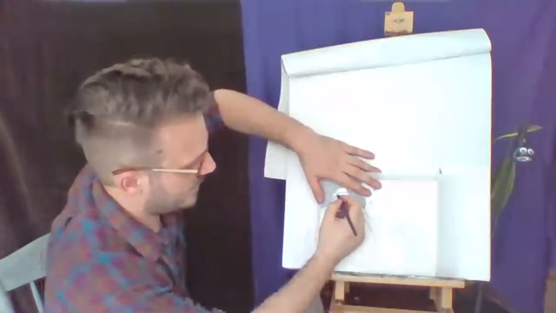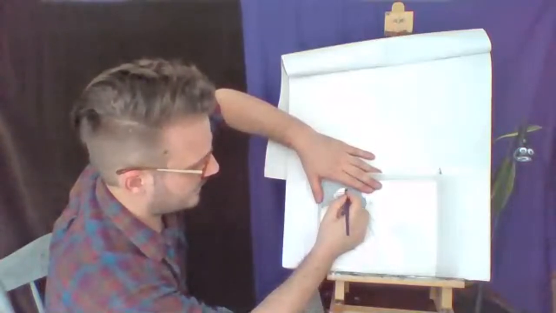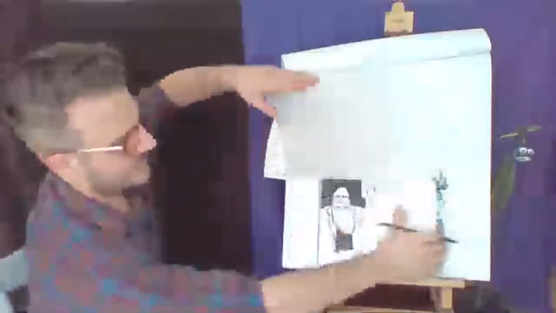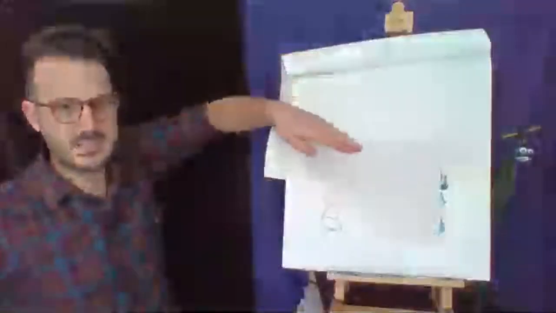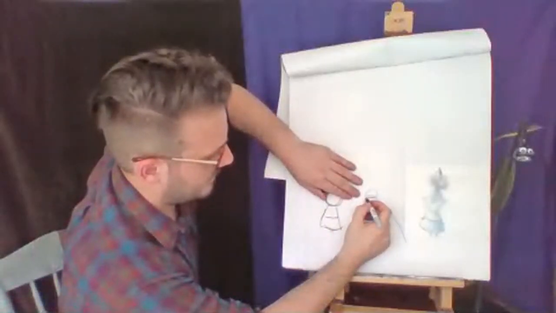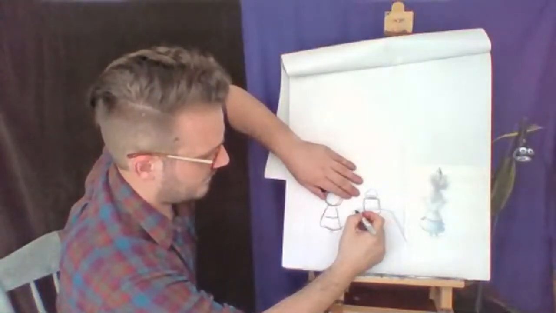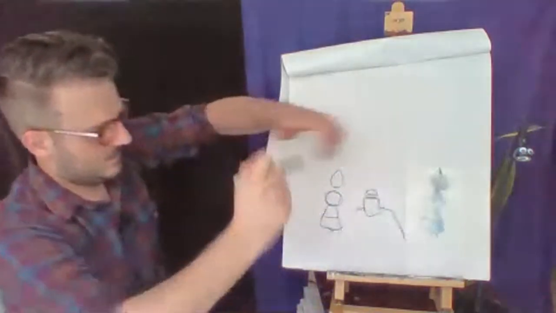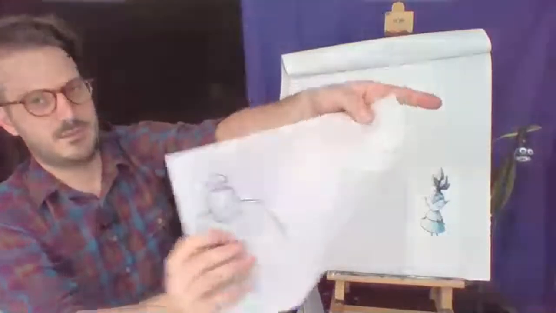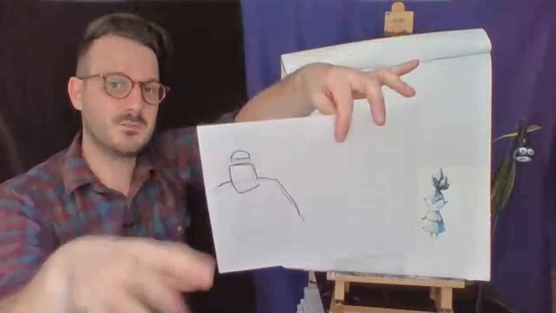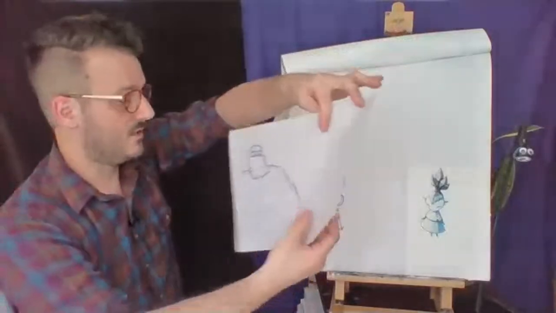He doesn't really have much of a body. I'm not going to worry about the beard, the mustache, any of that stuff. Just the very, very simple, basic shapes. Okay, just like that. And then from there, I'm going to start building on some details and things like that.